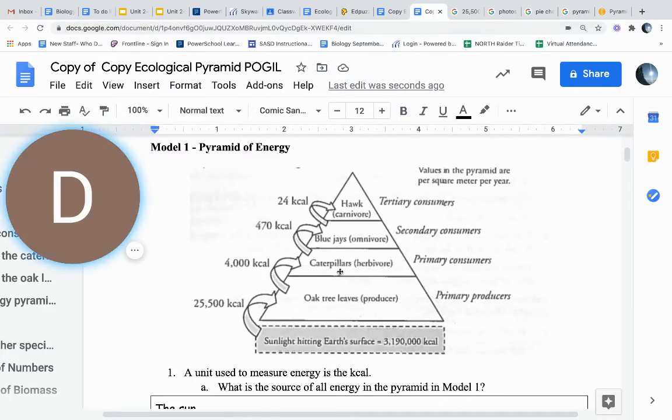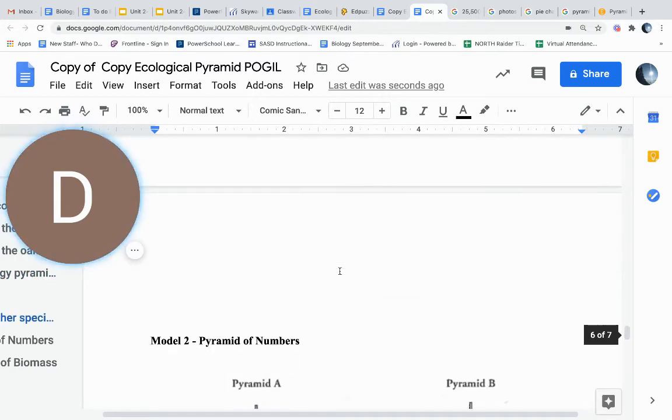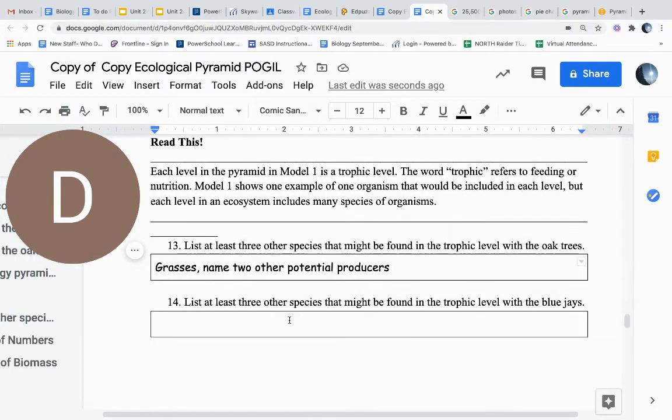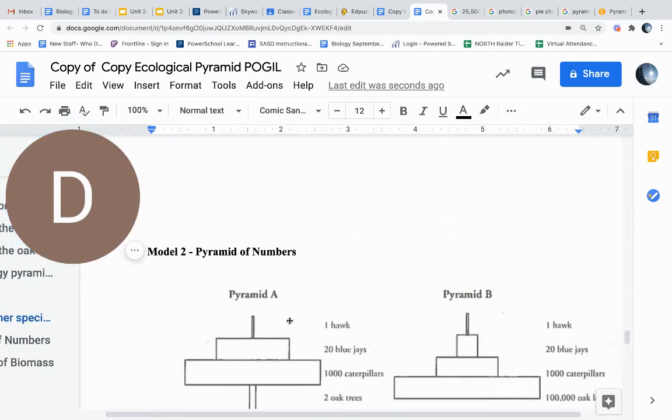What else might eat the caterpillars? So perhaps some other bird species might eat the caterpillars. So I could say robin might eat the caterpillar or a worm, and then name 2 other potential secondary consumers. So think about other birds perhaps, or other things that might eat a caterpillar.